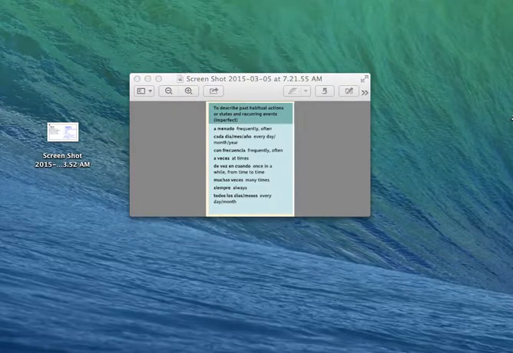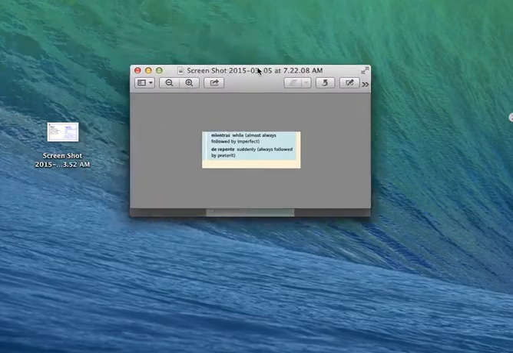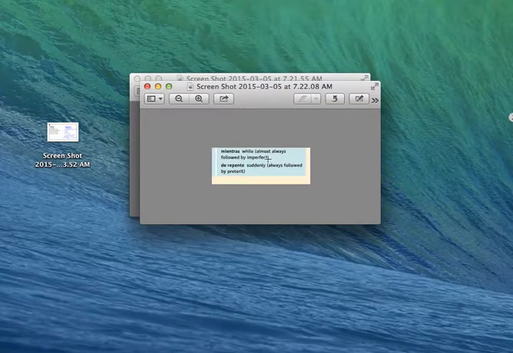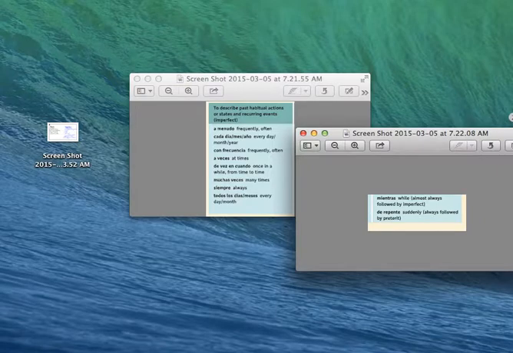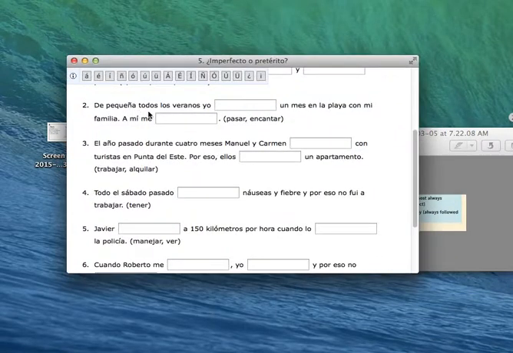Those will bring on the imperfect. And here's a couple more. Mientras, almost always followed by imperfect. De repente, always followed by preterite. These are really important things to know because they will clue you in a lot of times to preterite or imperfect. So, if we go back to that, todos los veranos, we know that that's going to be imperfect here.